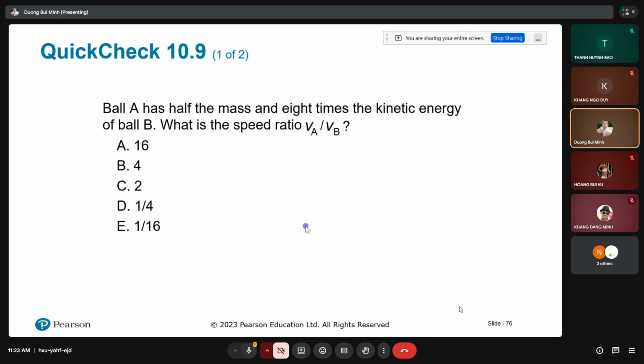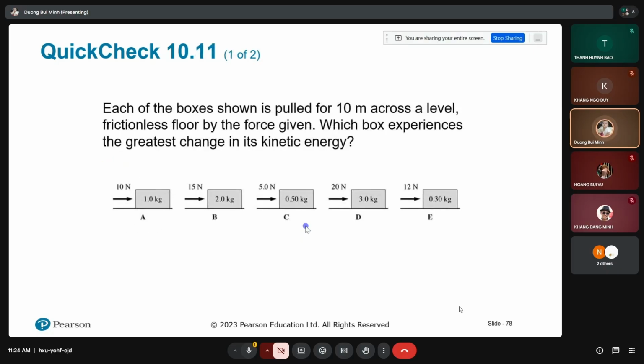Questions? Very easy. Now we consider this one. A box experiences the rate of change in its kinetic energies.